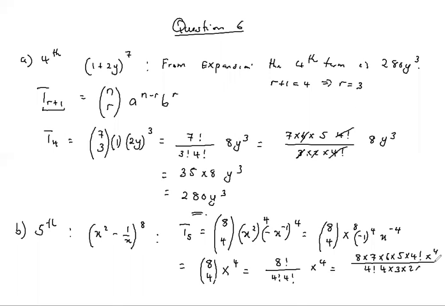So this 4 factorial takes away the 4 factorial there. This 4 and this 2 go with 8. This 3 will reduce 6 to 2. So we have 2 by 5, 10. 10 by 7, 70. So we get 70x⁴ as the fifth term of the expansion.